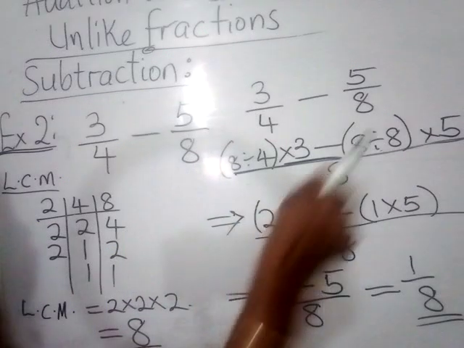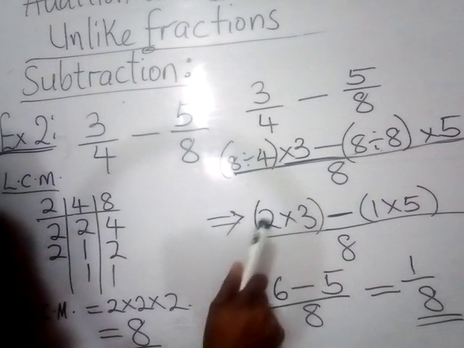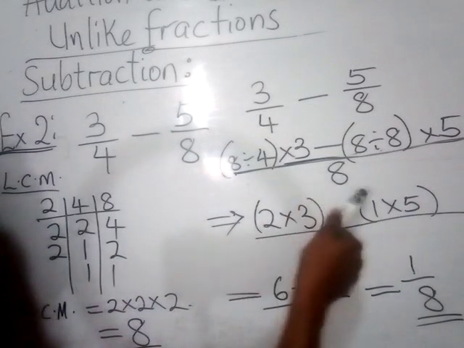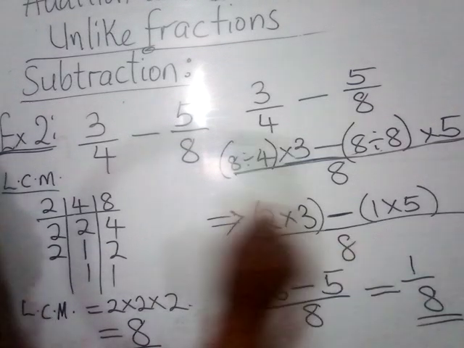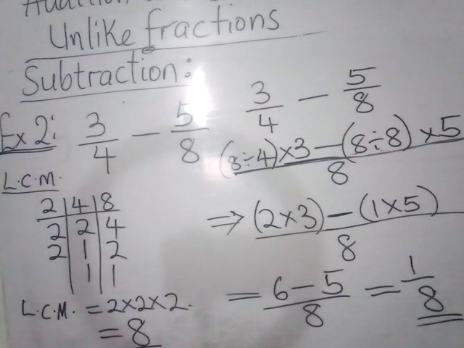You do the same thing for the two fractions, okay? And then you go ahead and simplify. You use your Bodmas rule, remember? You try to know which one you need to work on first before the other. At the end of the day, you arrive at your answer. It's an interesting concept, so just keep practicing.